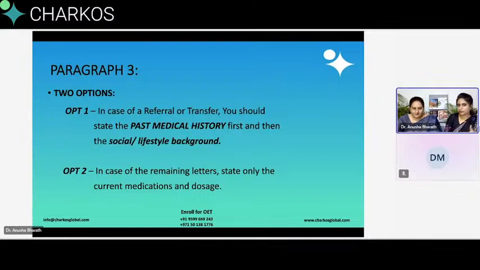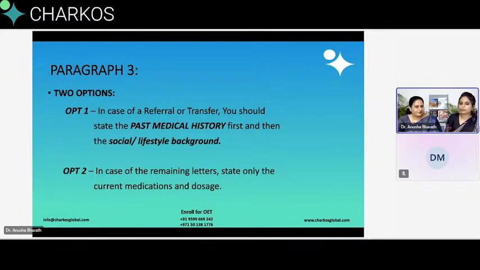For example, it can be Mrs. Smith has a medical history of hypertension, type 2 diabetes mellitus, and asthma since 2000, 2002, and 2005, respectively. This puts the medical history in place.